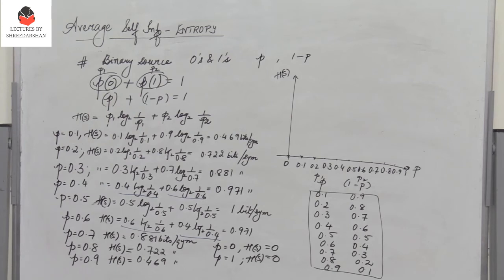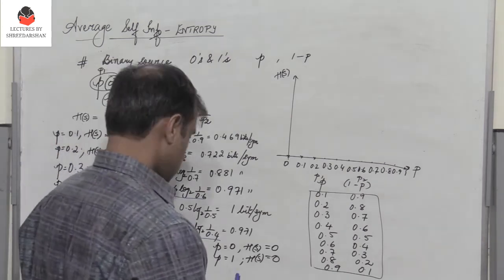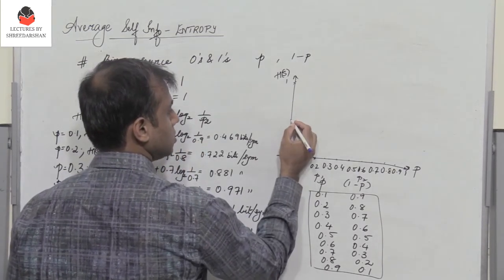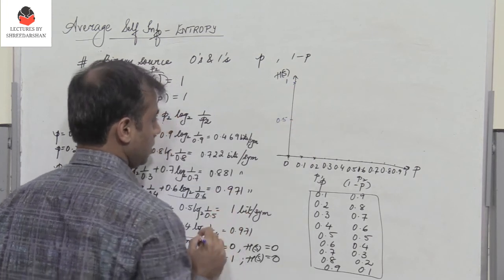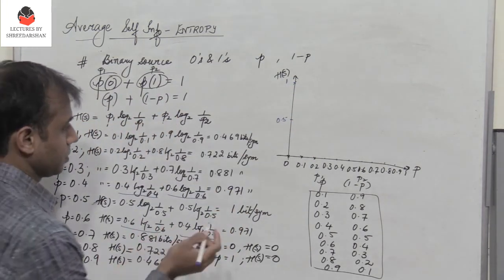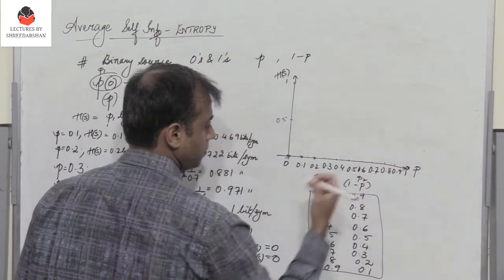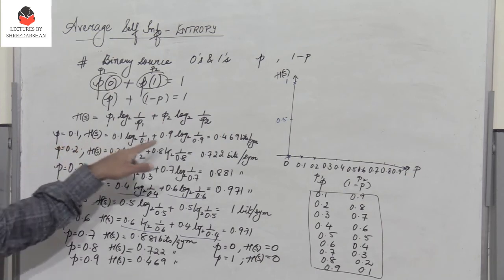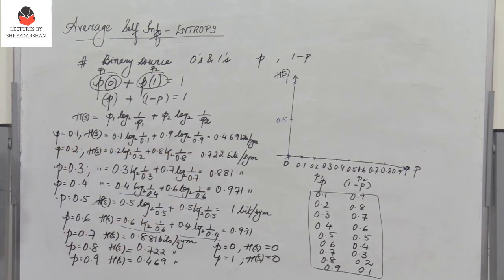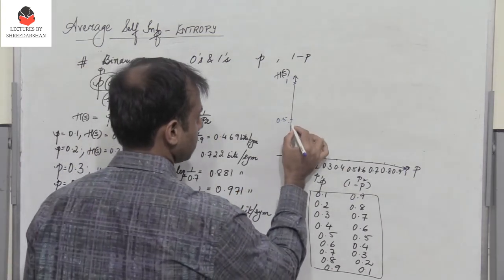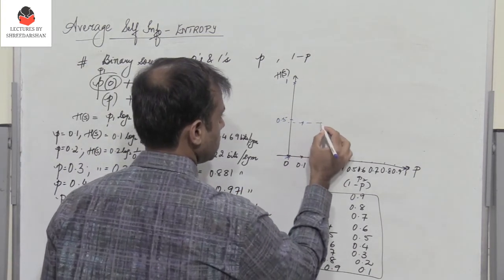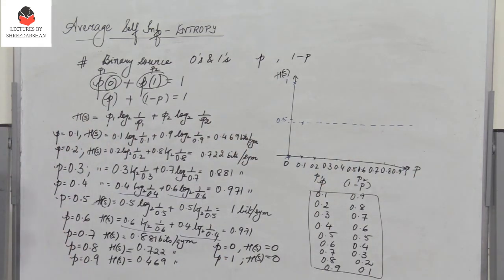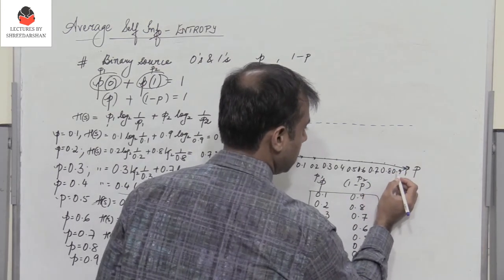So now let us plot. Along the y-axis, this is 1. Let this be 0.5. The first value we begin with is 0 of course. For P equal to 0.1, what is H of S? It is 0.469, just below 0.5, and the same value occurs again for P equal to 0.9.